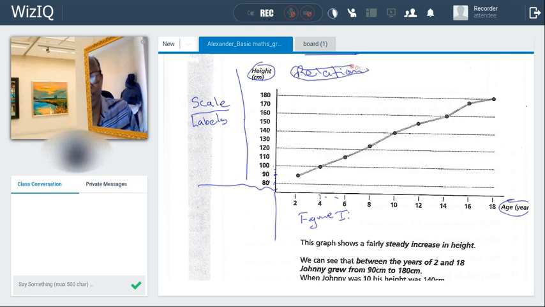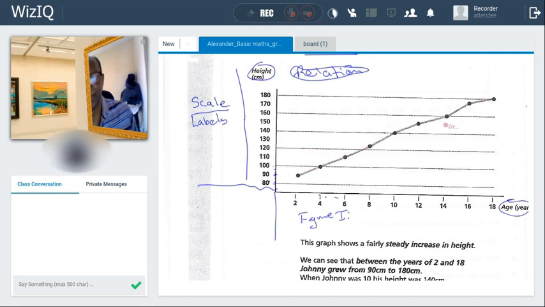In statistics, you're going to talk about correlation and regression, not yet, a long way to go. But basically, when we learn basic maths, we're going to talk about the inverse relationship and direct relationship. So this is a direct relationship: as the age is increasing, the height of the child increases.